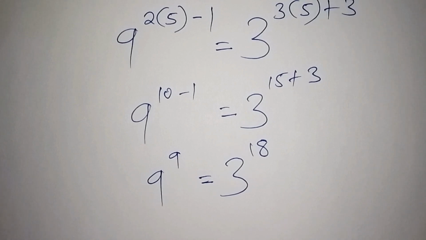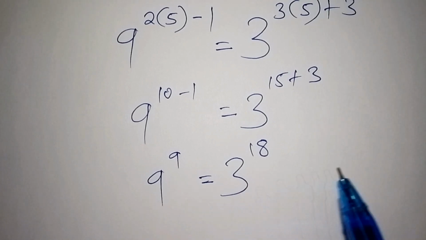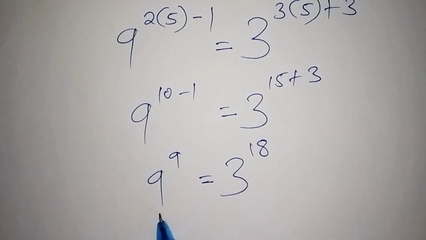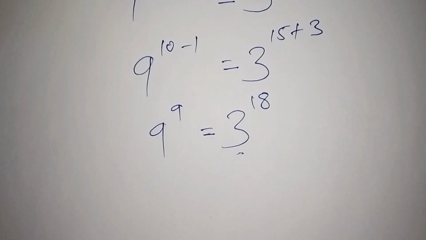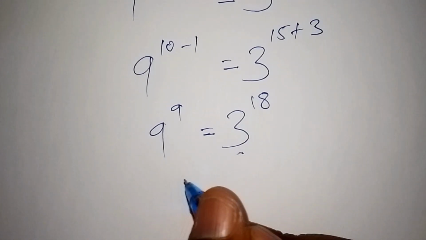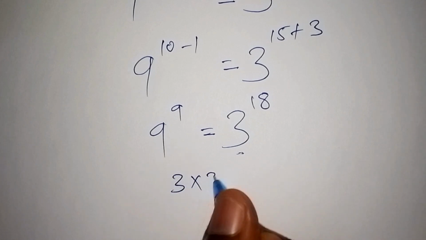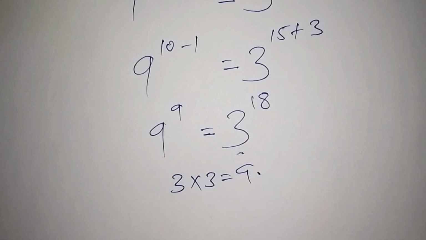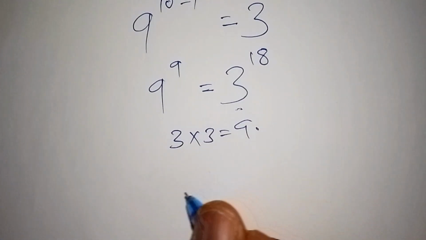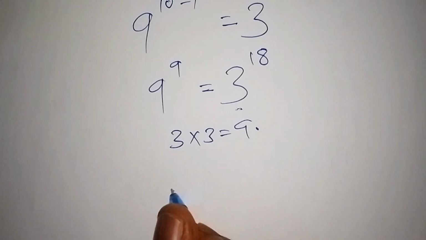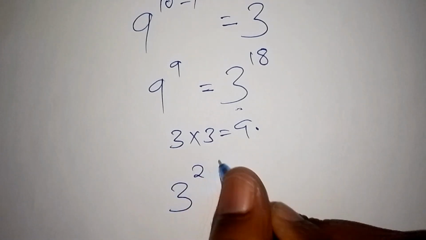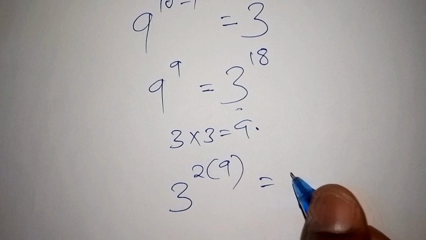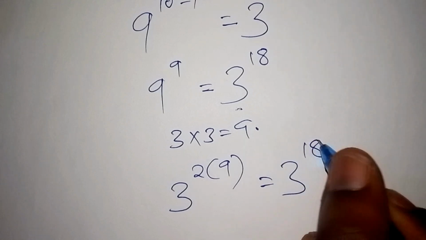In this case, we can still work it out by changing 9 to the base of 3. We all know that when you have 3 times 3, the result is 9. So instead of writing 9, we shall have 3 to the power of 2 into bracket 9 is equal to 3 to the power of 18.